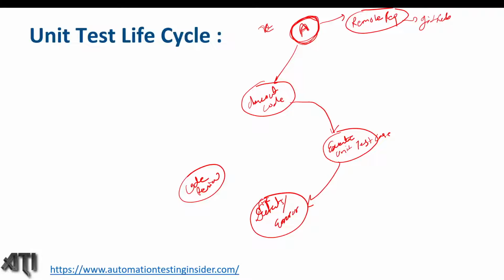After executing the unit test, we get some defects or errors, and the developer will fix those defects and ask another developer to review the code. In this case, developer X will ask developer Y to review the code.